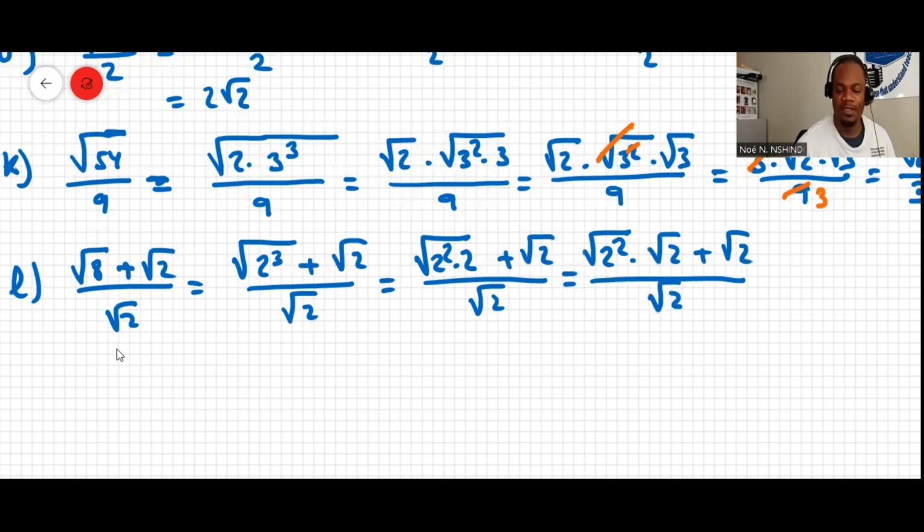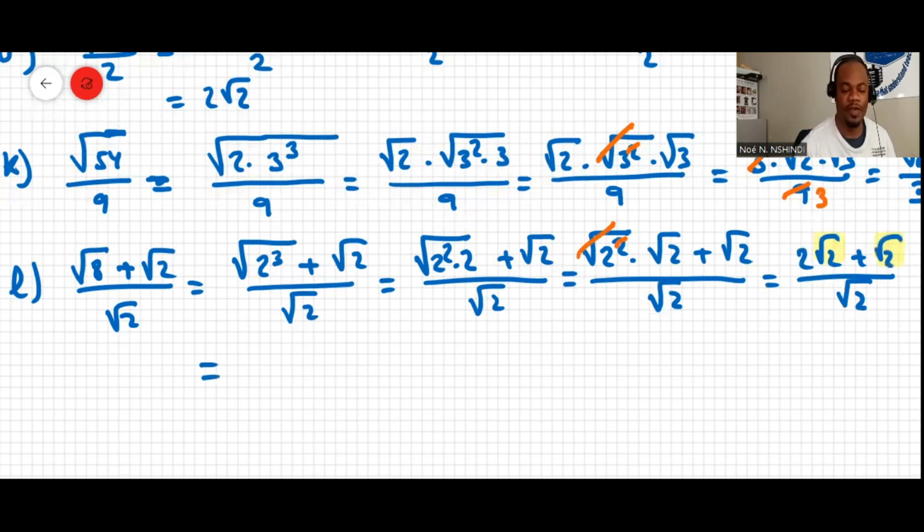And then that makes what? 4. That makes over here, the root and the power of 2 cancel out. So the answer is 2 root 2 plus root 2 all over root 2. Now we can simplify, we can take root 2 as a common factor because it's on both sides there.